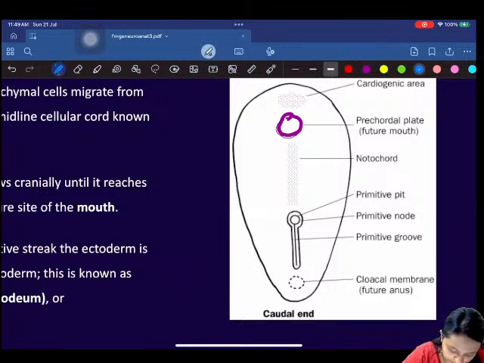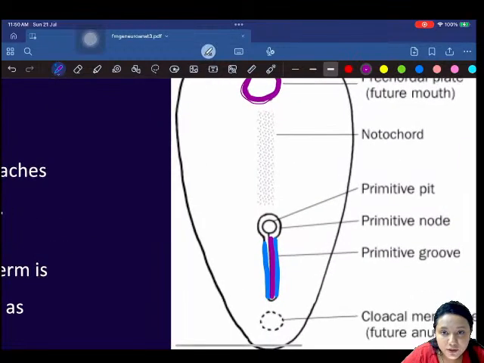The primitive streak is going to develop a primitive groove. Then you also have the primitive node or primitive knot, and then you have a primitive pit.